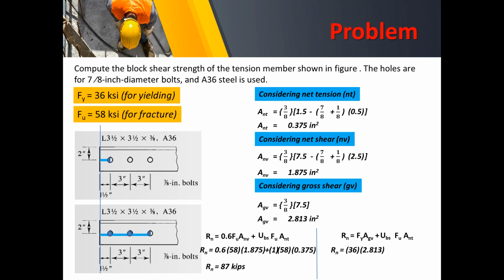So Fy is 36 ksi. The gross shear area is 2.813. Here we have a uniform configuration, so a factor of Ubs of 1 times 58 Fu and the net tension area of 0.375.